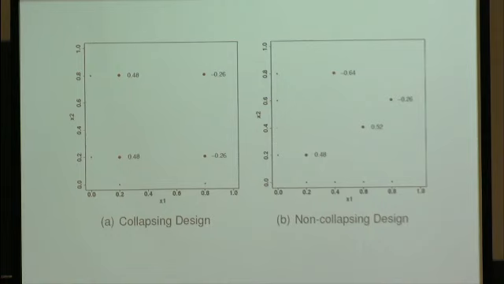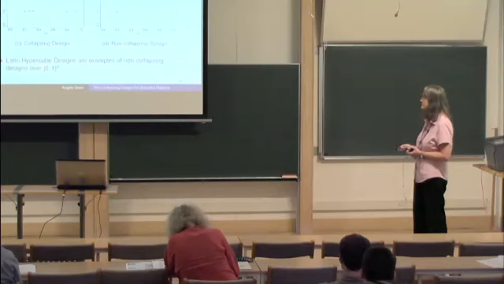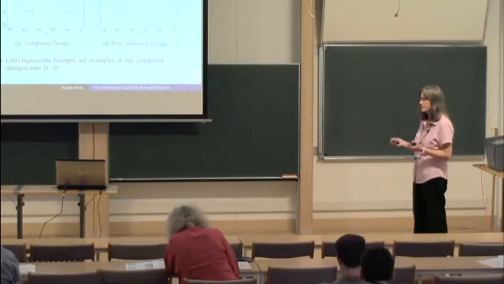So you want to design staggered, and we've heard many people talk about Latin hypercube designs over the course of the day, and those are examples of non-collapsing designs over a hypercube. But we don't have a hypercube, so we can't use a Latin hypercube design. So we want a design that's space-filling and non-collapsing over whatever the shape of the space is.